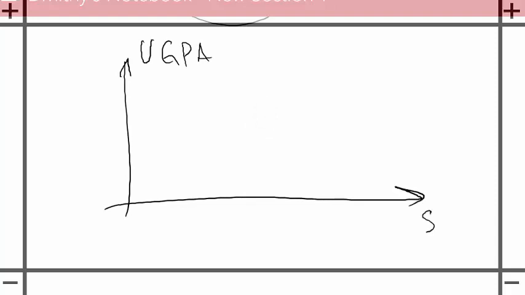So let's say here is my Y, and this is university GPA. I'm going to call it UGPA. And here are my SAT scores. Let's say that I have a bunch of students. What's the realistic minimum you think that can get acceptance? Minimum SAT score where you can still get accepted to the university.